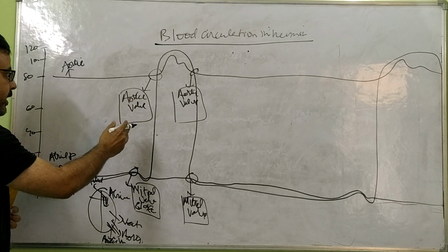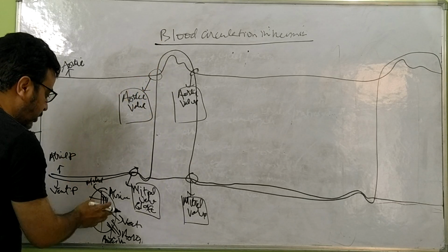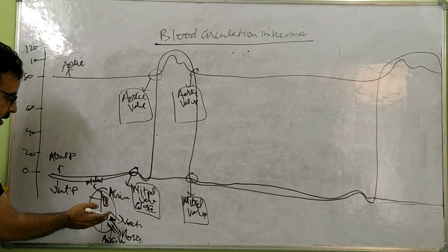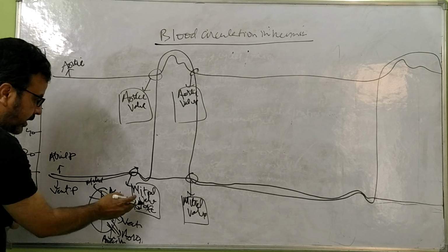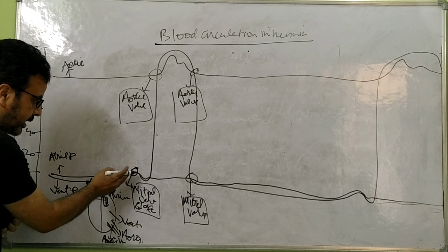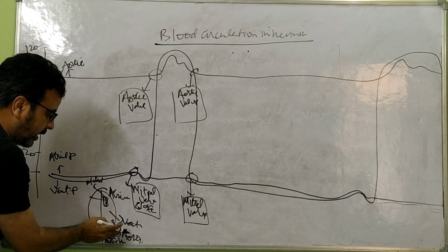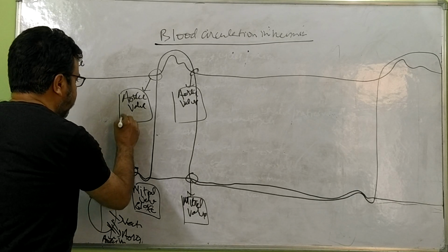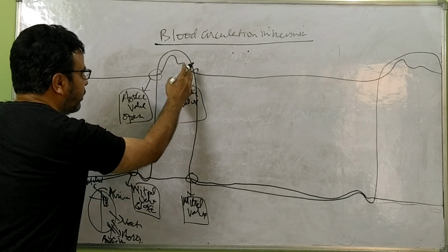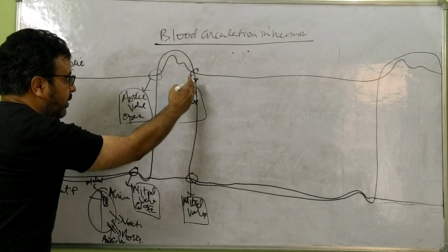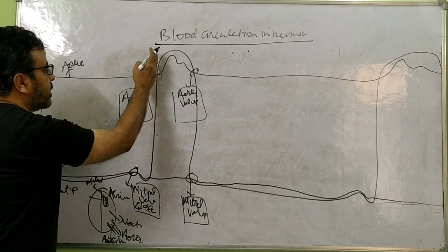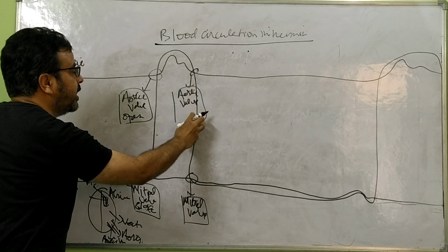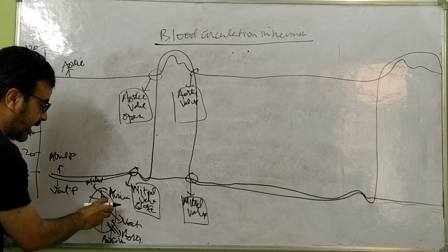Now here the ventricular pressure is more, the ventricle is in contraction, and the aortic valve is forced open. Forced open aortic valve, so it is open here. And here the ventricular pressure is decreasing. Here the ventricular pressure was increasing, the ventricle was in systole, and here the ventricular pressure is decreasing, or the ventricle is in diastole.